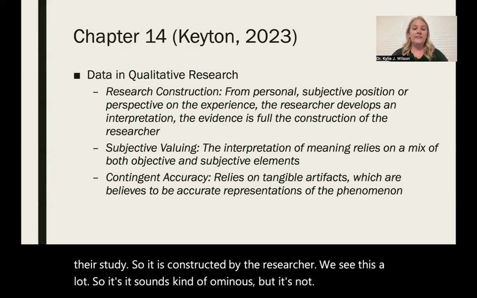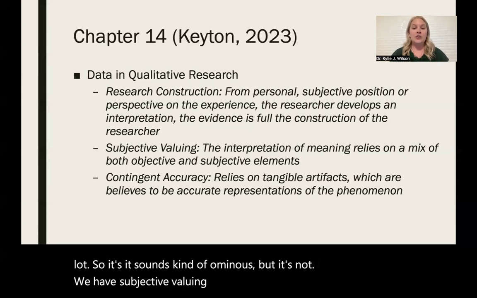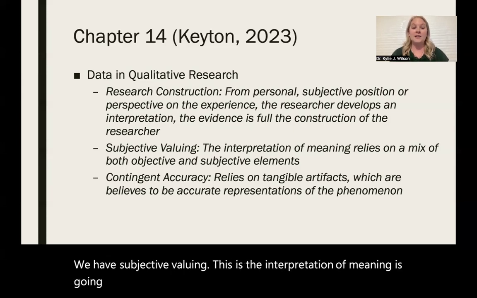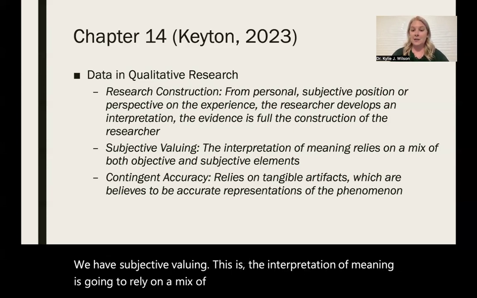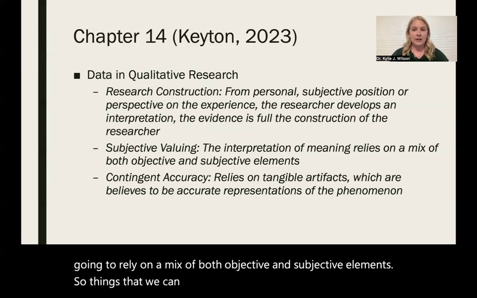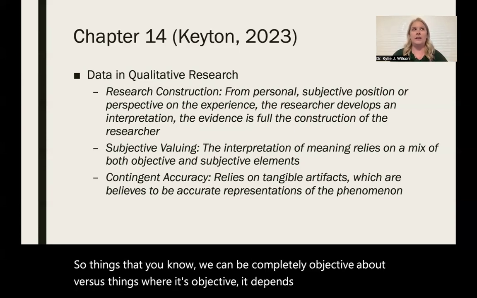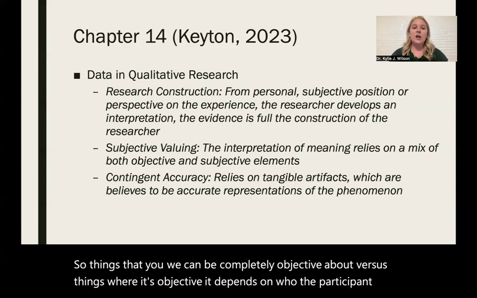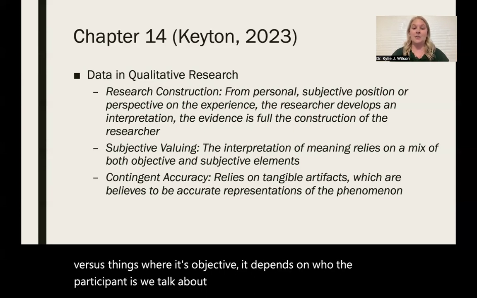We have subjective valuing. This is the interpretation of meaning that is going to rely on a mix of both objective and subjective elements. So things that we can be completely objective about versus things where it's subjective, it depends on who the participant is. We talk about contingent accuracy as well.